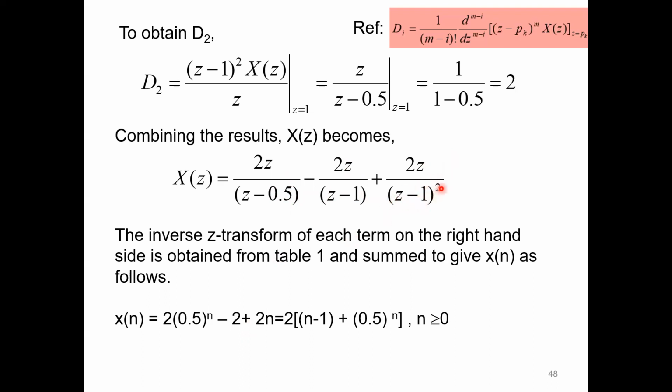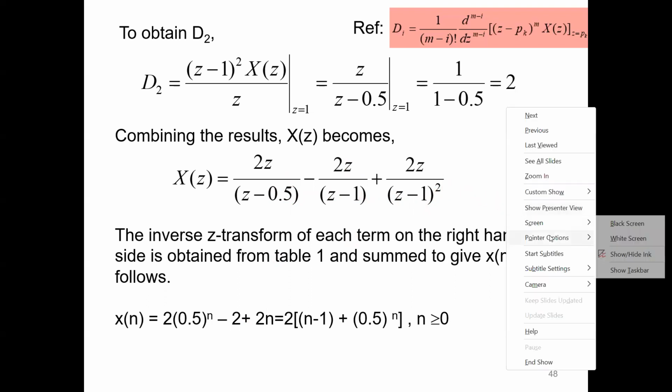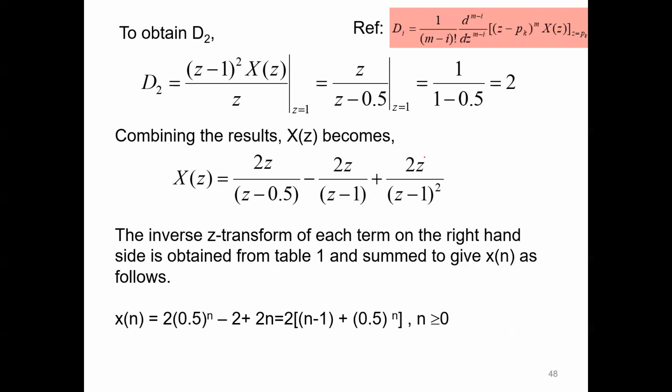This is new in the sense that within the lecture, we have not encountered this one. So you have to look at the zTransform table. What is this one, especially with this square thing? This one is fine, right?